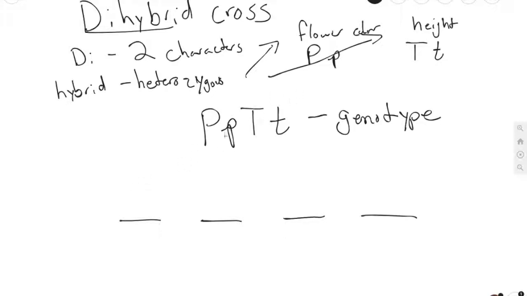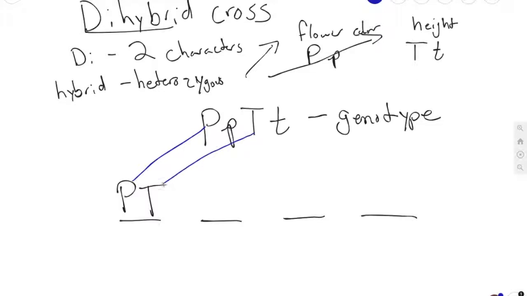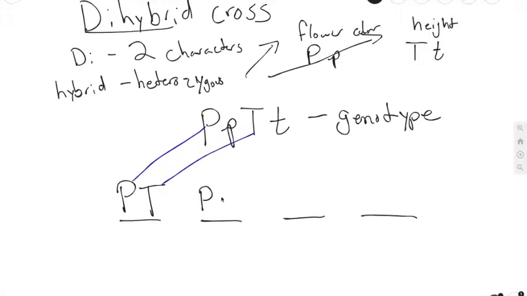The first one is big P, big T. So that's coming from this P and this T. The next option is big P and little t. And that's coming from this big P and this little t.